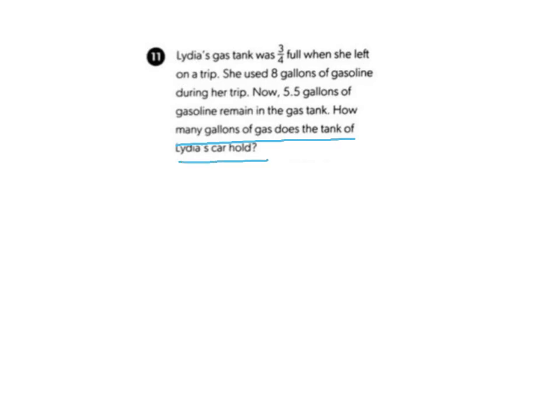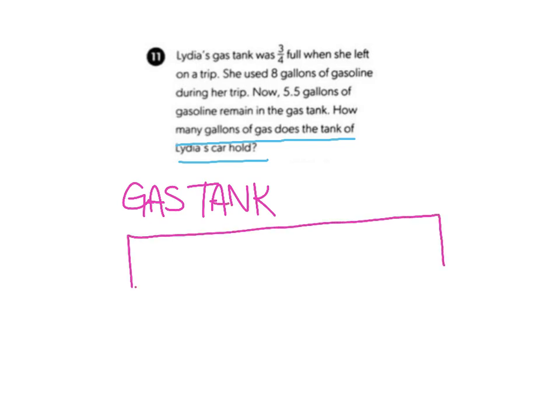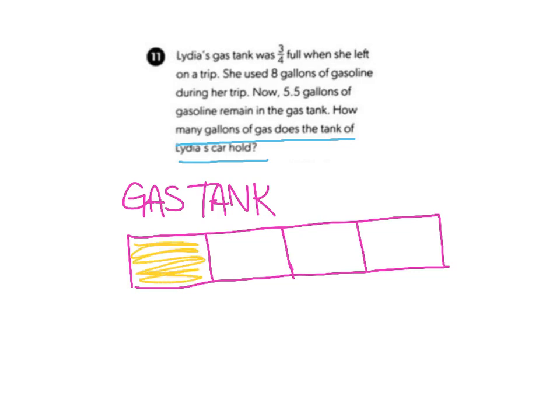So for this one, what I'm going to do is go back to an elementary strategy. I'm going to draw a bar, like a fraction bar, to represent the gas tank and section it off into fourths. If this was my gas tank and I section it off into 4 equal parts. So it says it was 3/4 of the way full.